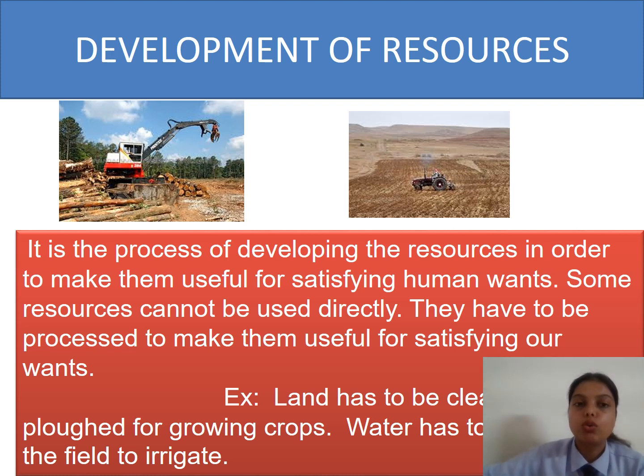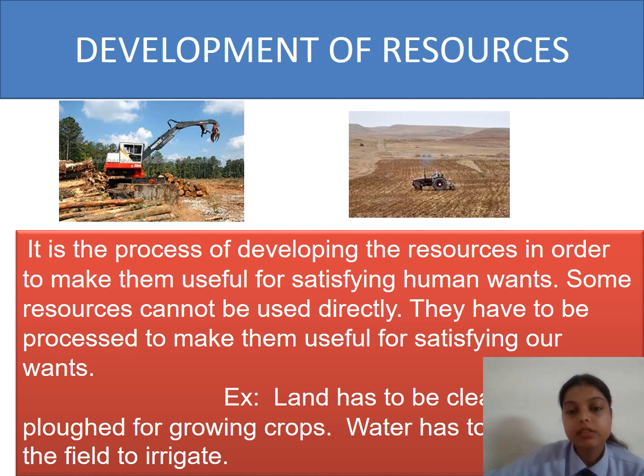Okay. So development of resources: how can we develop our resources? It is a process of developing the resources in order to make them useful for satisfying human wants. Some resources cannot be used directly. They have to be processed to make them useful for satisfying our needs and wants.